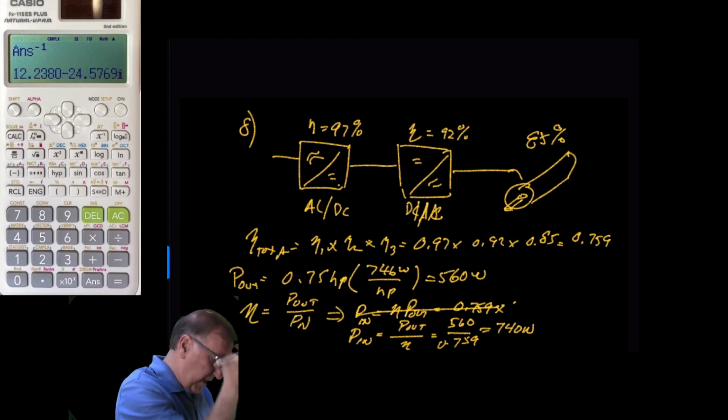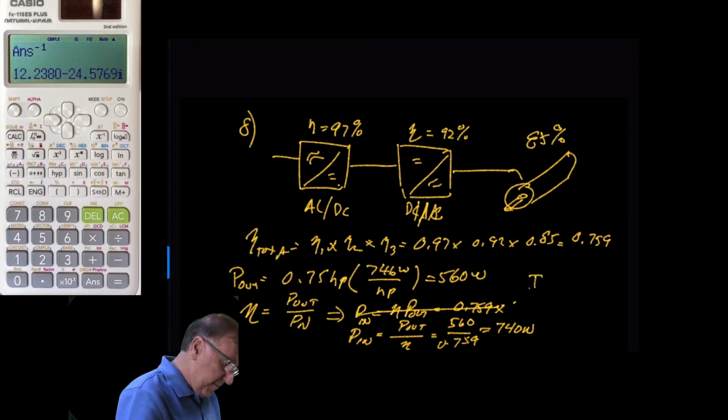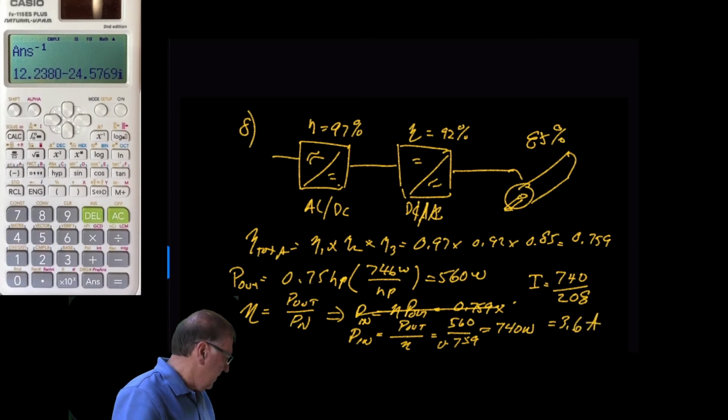So now we can just calculate the current equals 740 over 208, and that is equal to 3.6 amps.